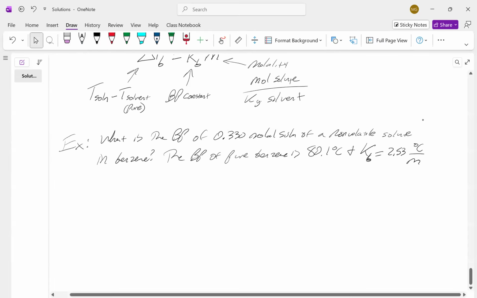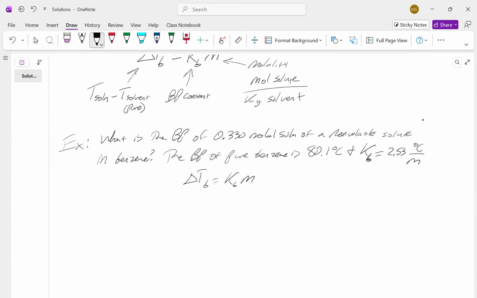All right, so let's throw in our formula here. And what I'm going to do is expand that delta T because our unknown is actually within that delta T. What we want to solve for is this new boiling point, so I'm going to rearrange this to solve for the new boiling point.